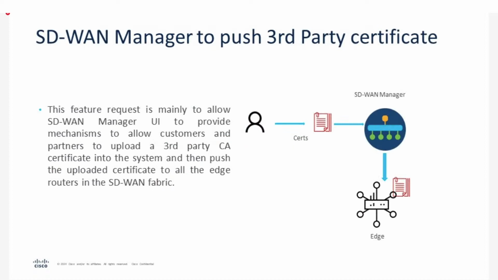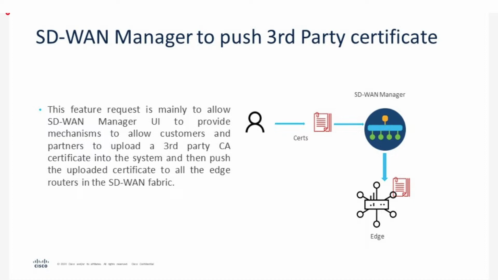Next, we have the SD-WAN Manager pushing third-party certificates. Various MSPs in the Japan market primarily use the MAP-E feature, which is used to connect over IPv4 to IPv6. This feature requires a third-party certificate from the MSP to be installed on each and every edge device in the SD-WAN fabric.